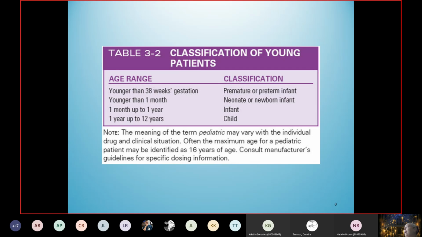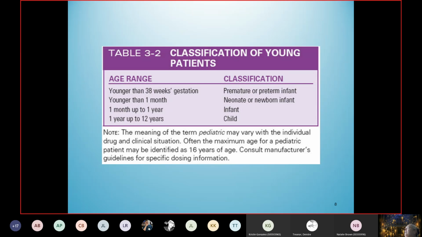A lot of times the max age for pediatric patients may be identified as 16. Different manufacturers have different guidelines. The other thing you need to look at is the patient's pediatric level, especially with tweens and teens. I'm 5'3", and I'm not going to tell you what my weight is, but we're just going to say I weigh 120 pounds.